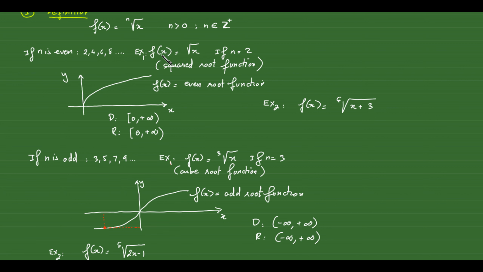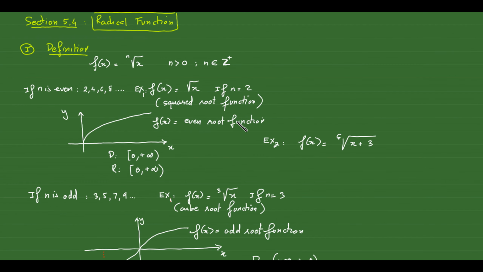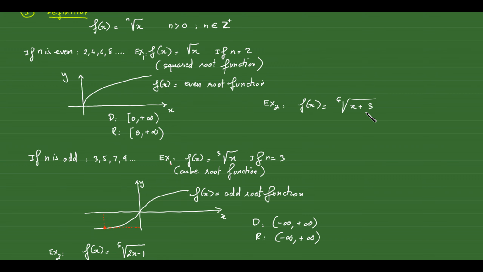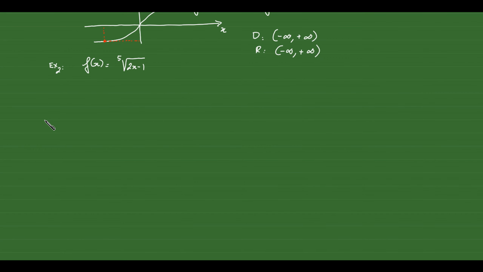So this is f(x) equal to the square root of x, and f(x) equal to the cube root of x, which we sometimes call the parent functions. If we want to sketch this in detail, then we have to apply the transformation concept. Maybe in the second part of our lecture today, I'm going to have you do that. So that's the definition of the radical function.